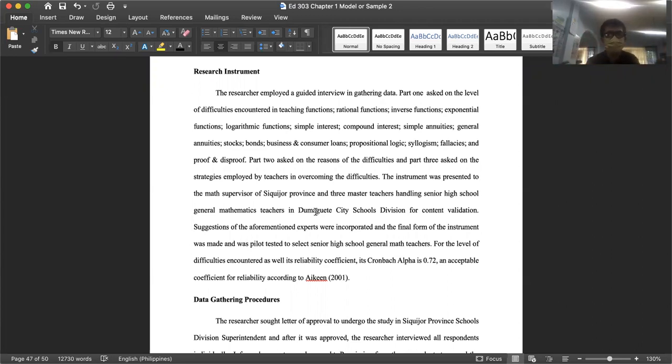But you are going to consider experts. Experts will be the ones to validate your instrument. And one of the things that you are going to consider in terms of experts is that when we look at math teachers' competencies, math teachers' difficulties, and all about math at DepEd, we can consider those math supervisors as experts, and then the master teachers for math as experts, or even the veteran math teachers.